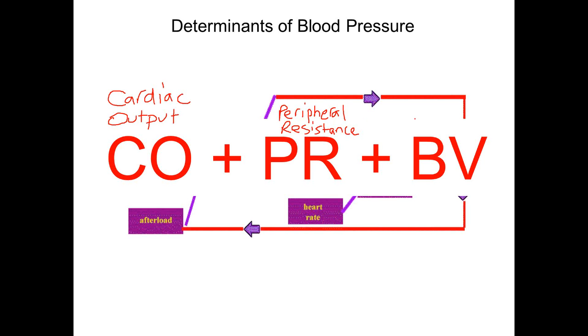The third factor is blood volume. This is a determining factor because, again, if you think about blood passing through blood vessels, the more blood there is in the system, the higher the pressure.